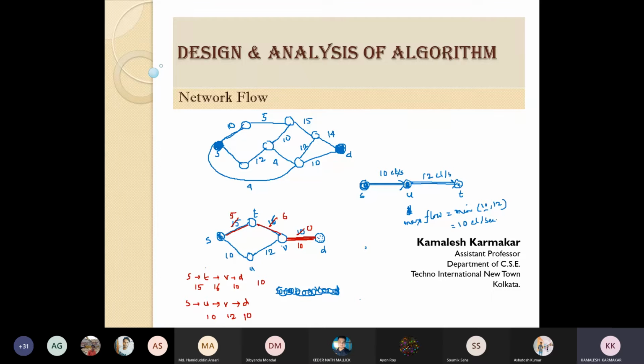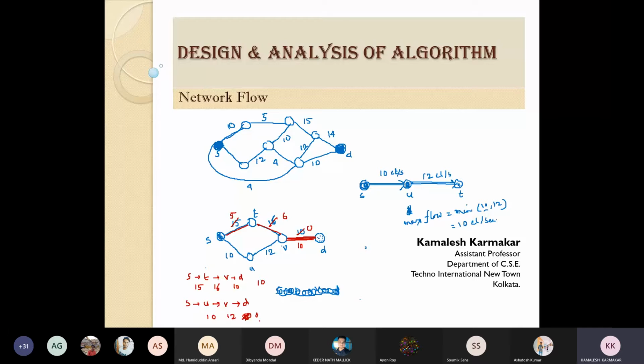So it's not allowed. So in that case, this value is not 10. Once you are utilizing some link, for the next path consideration you have to think of the remaining capacity. So if you consider the remaining capacity, it will be 0.